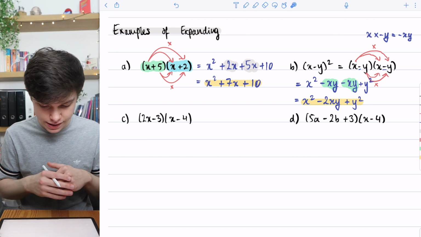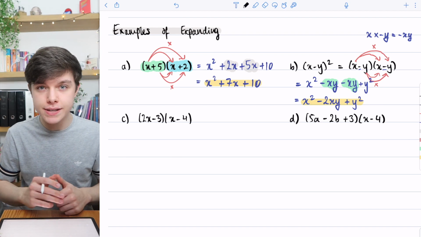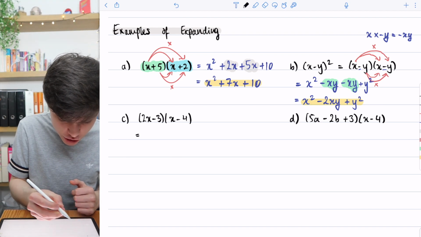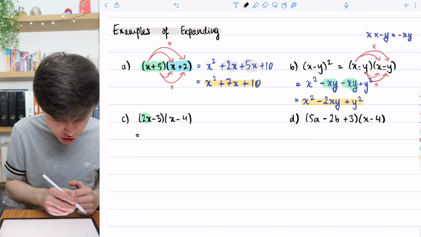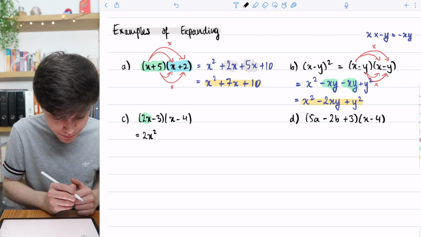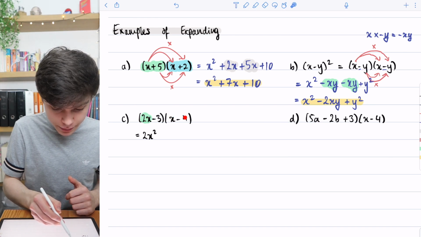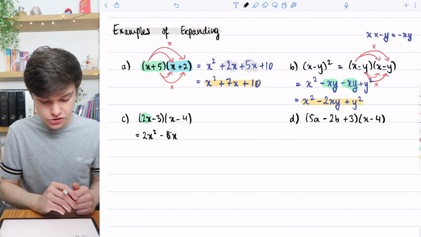So it's just practice. Okay, so I'm not going to draw the arrows for these next two examples. We're just going to have a go at them. I'm going to multiply the 2x first of all, so I'll highlight that. Multiplying the 2x, I'll do the 2x with the x to give me 2x squared. And then I'll do 2x with the minus 4. So I've done it with the x, now I need to do it with the minus 4. And that will give me minus 8x.